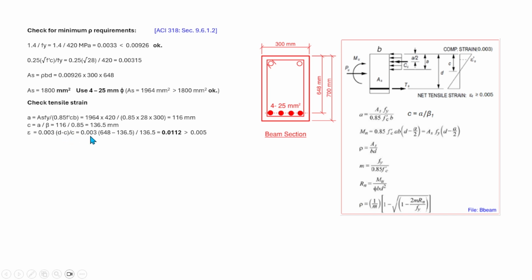That is equal to 0.003 times 648 minus 136.5 all over 136.5, and that is equal to 0.0112. Here this is greater than 0.005, meaning that it is tension controlled. So our assumptions of fs and φ are correct.